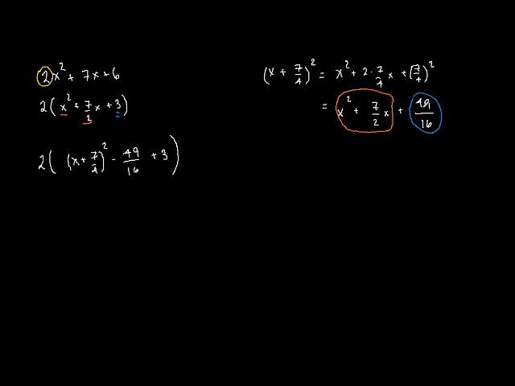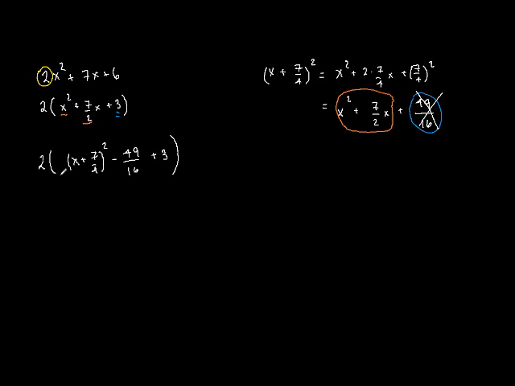I subtracted the 49 over 16 because when I expand the x plus 7 over 4 squared, I get a positive 49 over 16, so I subtract it because I want to get rid of it. Once I get rid of it, I still need to add the 3 that's missing. And of course, all of this is inside bigger brackets, and all of it is multiplied by 2 because I have this leading 2 here.